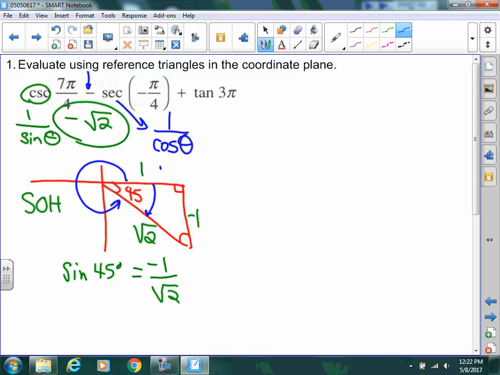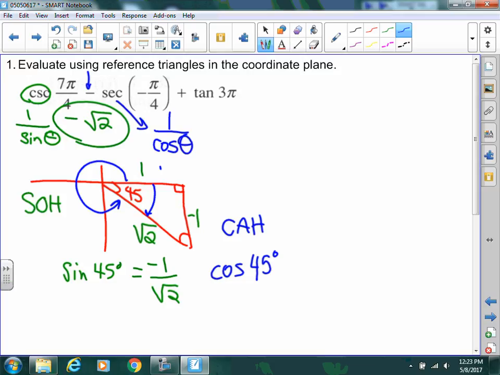Okay, so the cosine of 45. What does SOHCAHTOA tell us about cosine? So we have CAH from SOHCAHTOA. CAH, the CA. So cosine equals, what's the A?